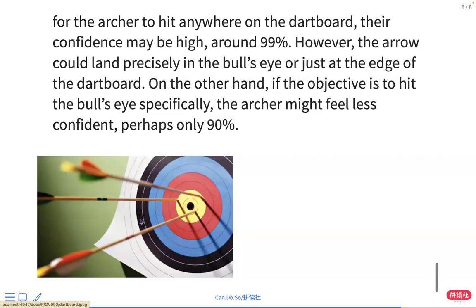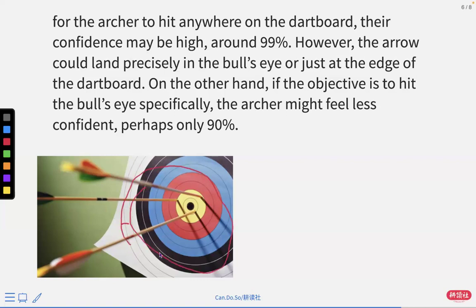The archer will say that he is 100% or maybe 99% confident that his arrow will hit the whole board. He's very confident.